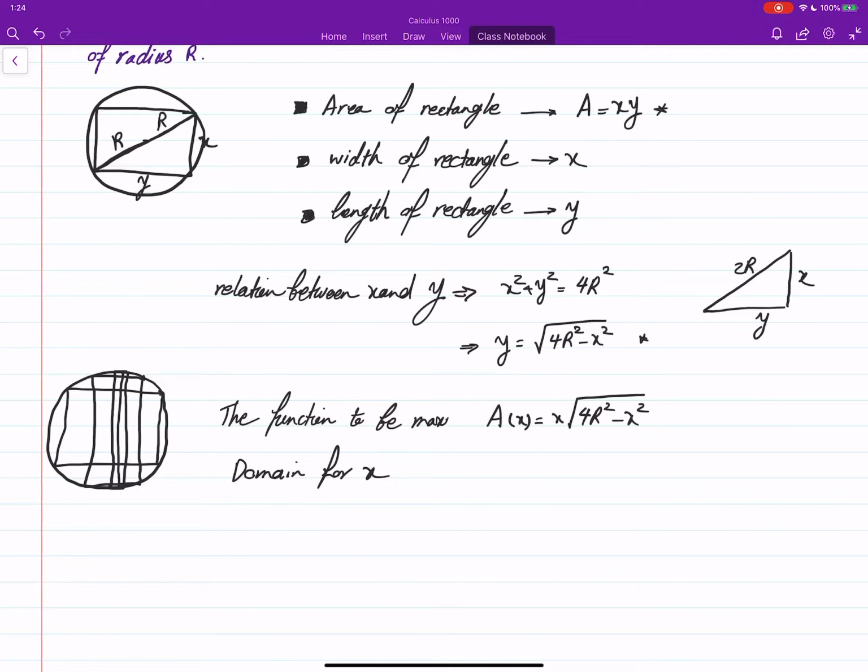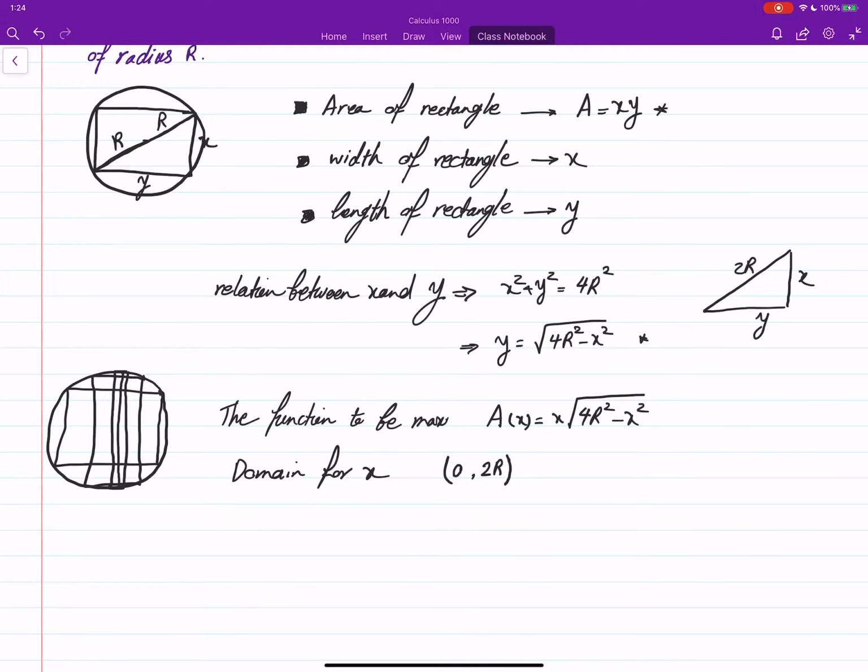So let me just say it can go up to 2r. But if it becomes 2r, it is not a rectangle anymore. So the real domain we are going to deal with is the open interval from 0 to 2r, and we know that r can be any positive number.